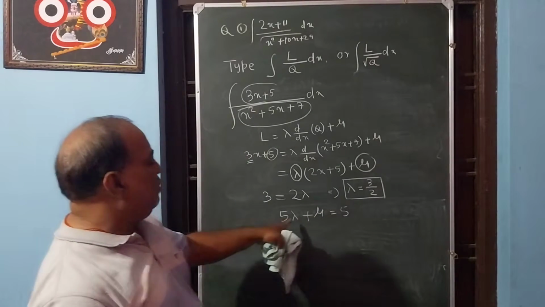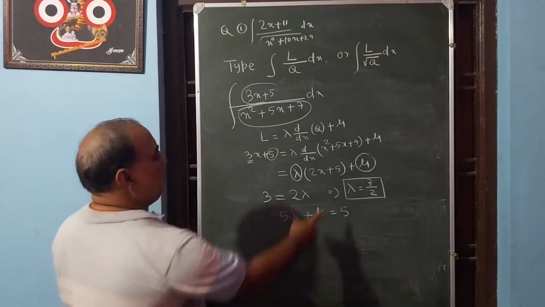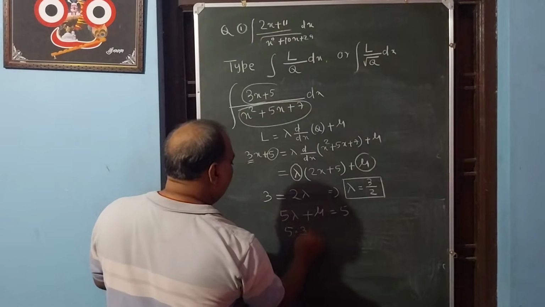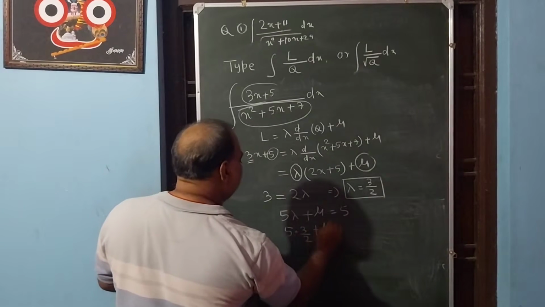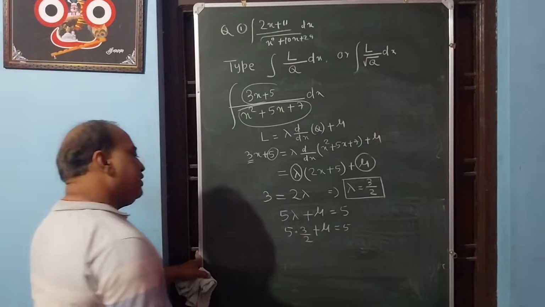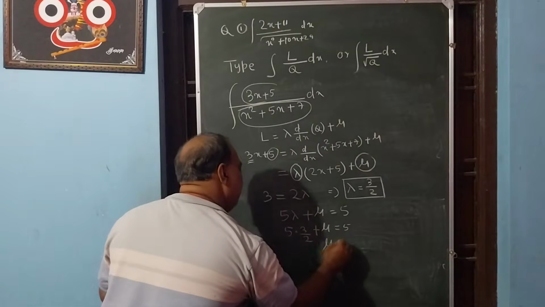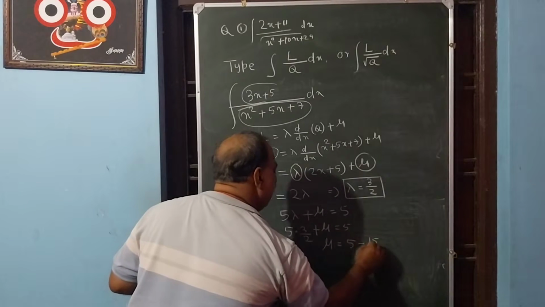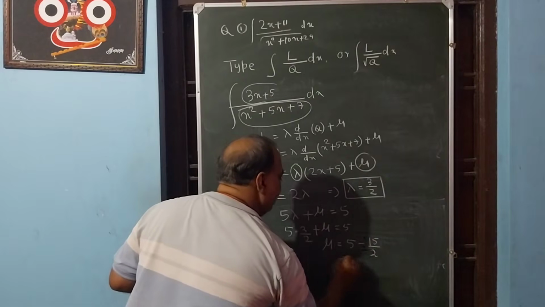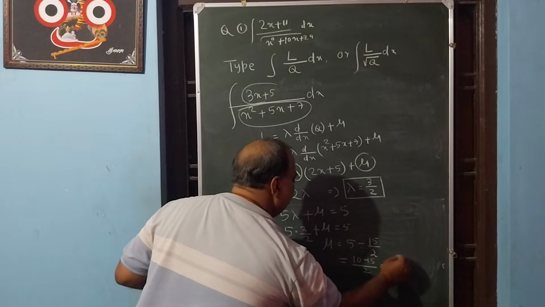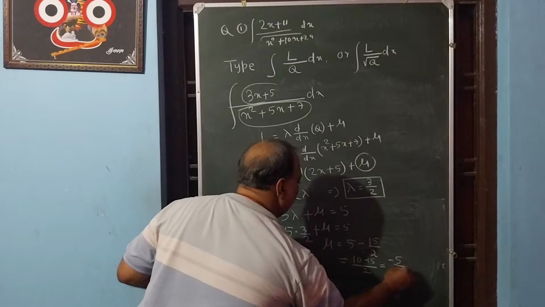Now we put the value of lambda 3 by 2 here: 5 into 3 by 2 plus mu is equal to 5. So mu is 5 minus 15 by 2, that is 10 minus 15 by 2, the result will be minus 5 by 2.